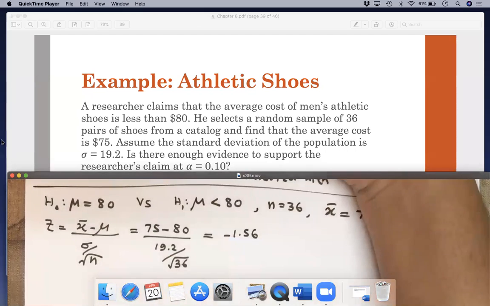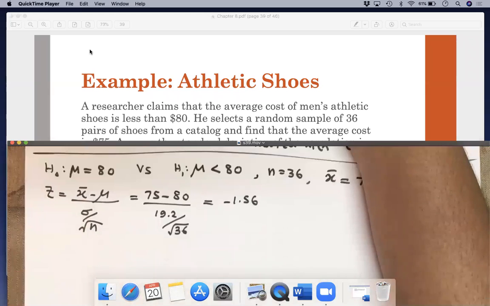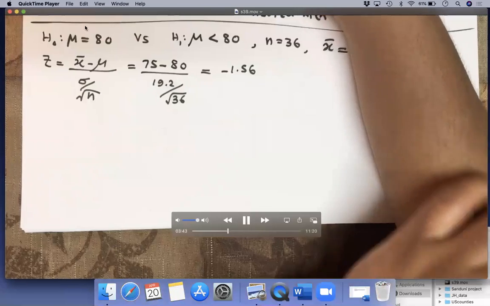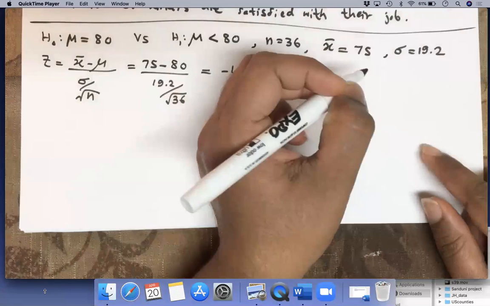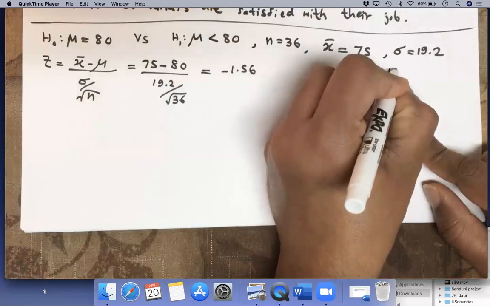Now next thing. You have two methods. Either you can use the critical value method or you can use the p-value method. I will use both methods. But before that, what is our alpha? I will write it here. It's 0.10.